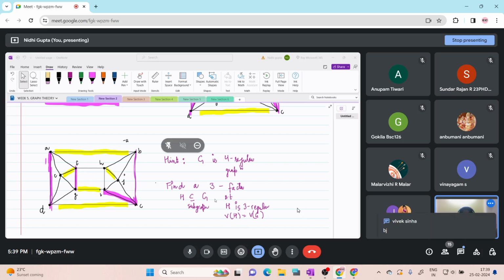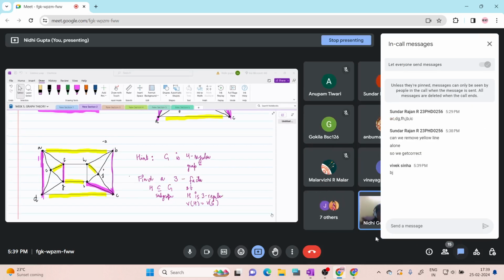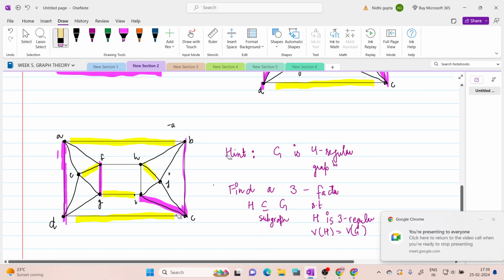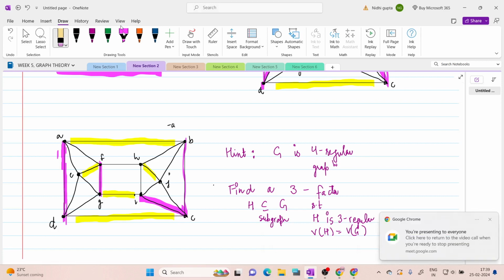So in this example, can we remove IH? Somebody said BJ. Yes, we can remove BJ for now. And there's a comment: can we remove only the yellow lines? First of all, if we are removing BJ, that is correct.